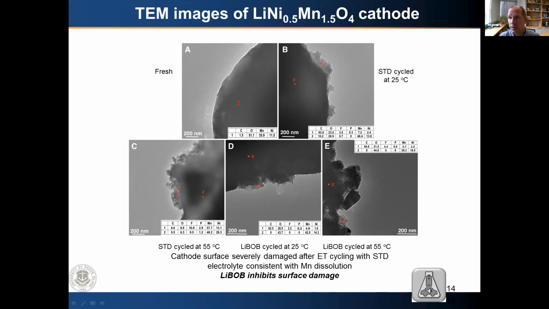In both cases, we see a significant reduction in the damage to the surface and in the deposition of electrolyte decomposition products on the surface. And so clearly the LiBOB inhibits the surface damage, and the inhibition of the surface damage is consistent with the improved cycling performance and the decrease in manganese dissolution.